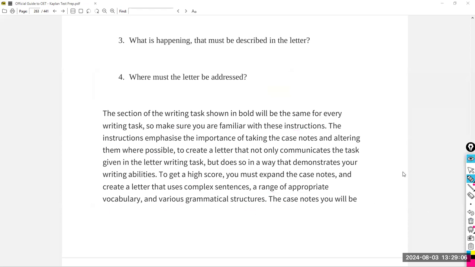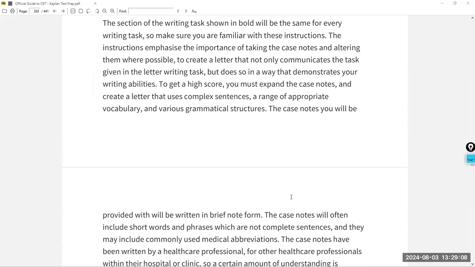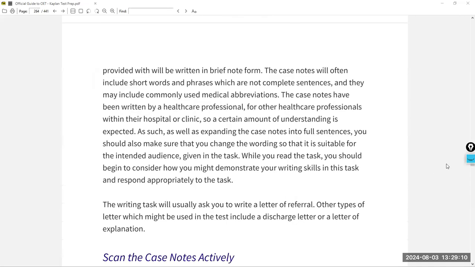The case notes you will be provided with will be written in a brief note form. The case notes, I'm going to show you later the meaning of case notes, will often include short words and phrases, which are not complete sentences, and they may include commonly used medical abbreviations.